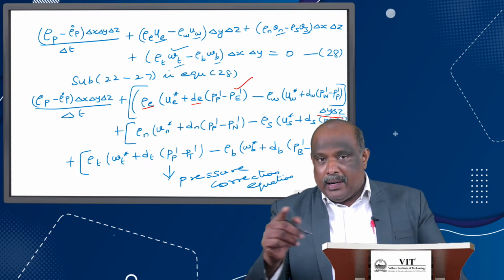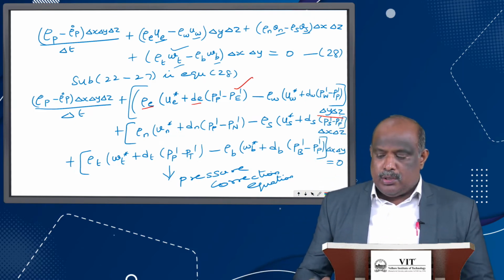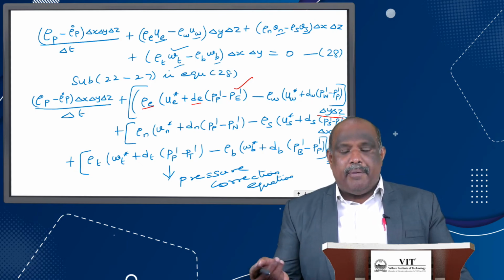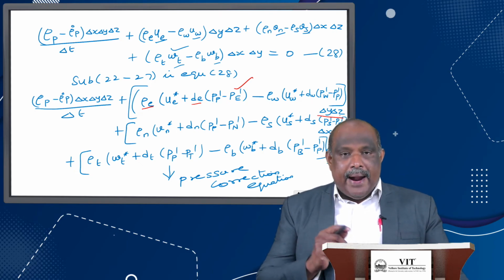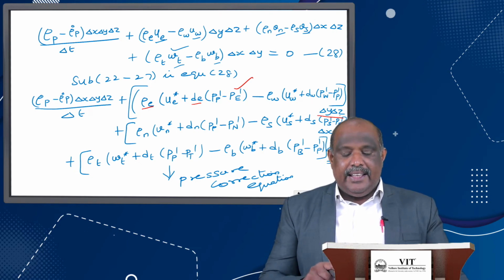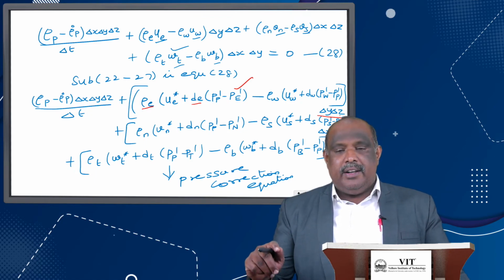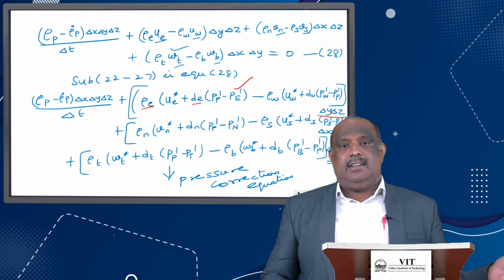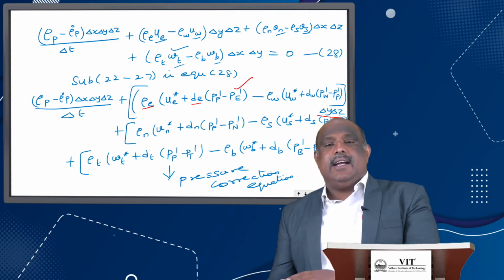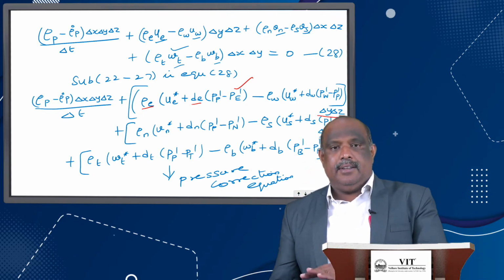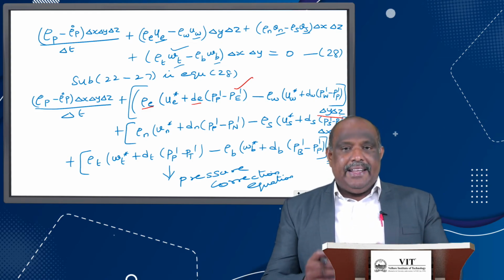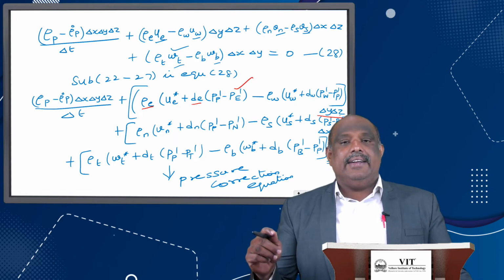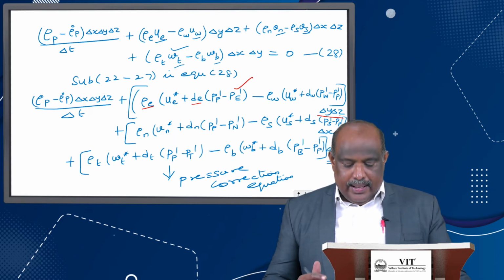Don't forget to multiply by delta y delta z. Most of the students forget about this delta y delta z. So the terms before this PE are nothing but minus rho E DE into delta y delta z. It is on the left hand side. When I take it to the right hand side, this minus sign will become a plus sign. So it becomes rho E DE PE prime into delta y delta z. Okay, I hope you got it.